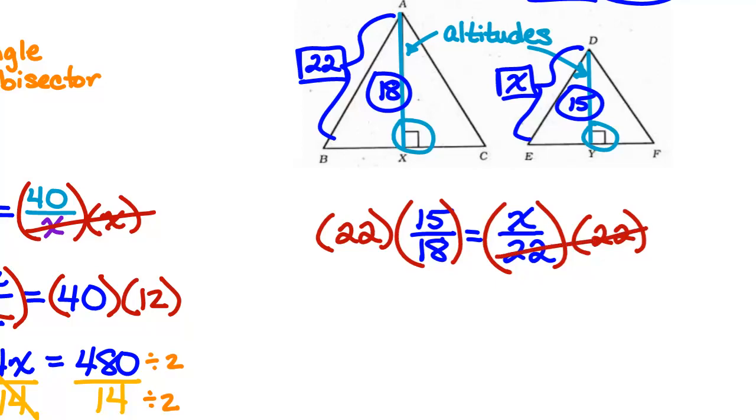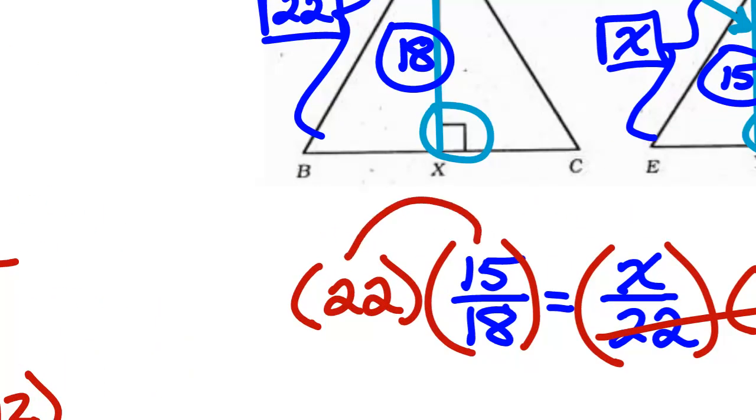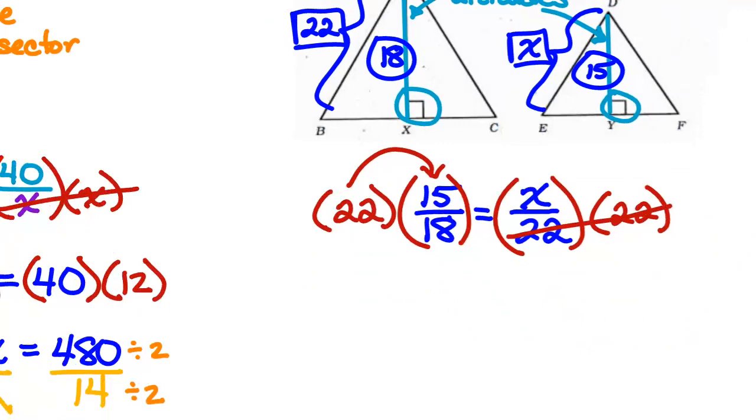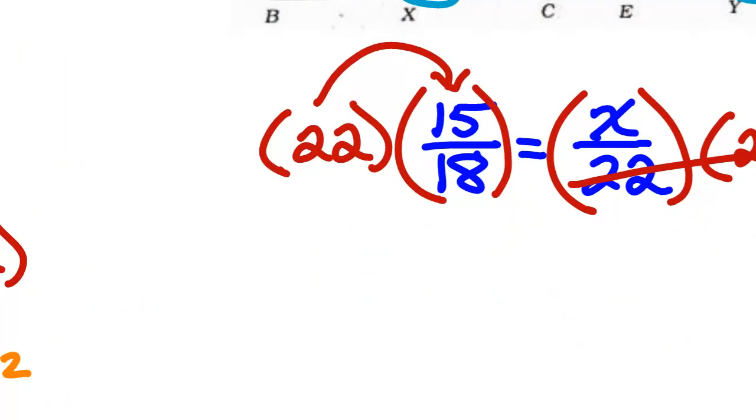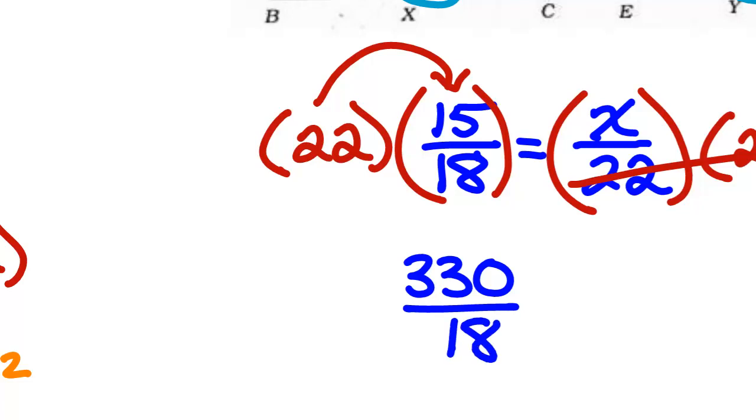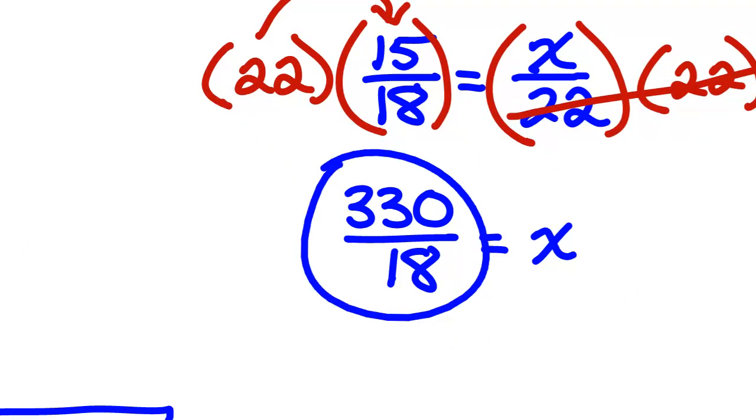It's going to make my denominator on the right side cancel. I have 22 times 15, which is 330 over 18 equals X. And now, because these are just numbers, 330 divided by 18, I can pop that into my calculator.